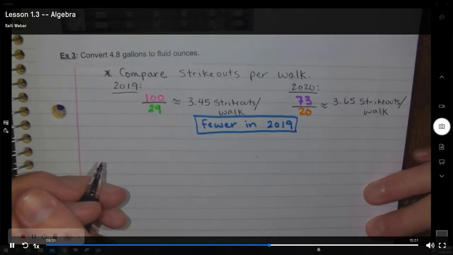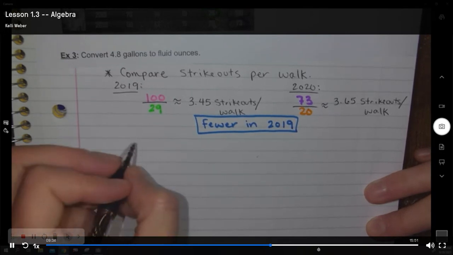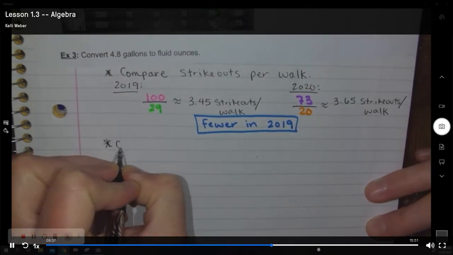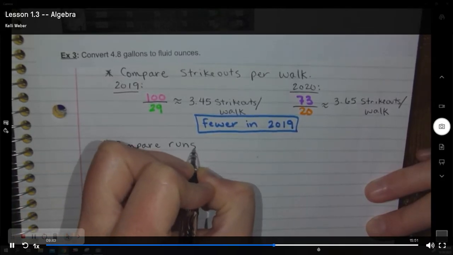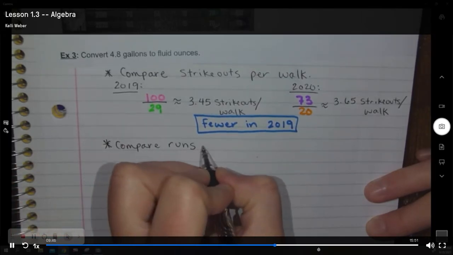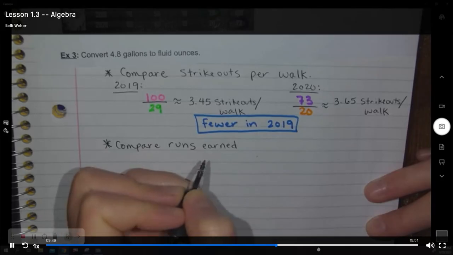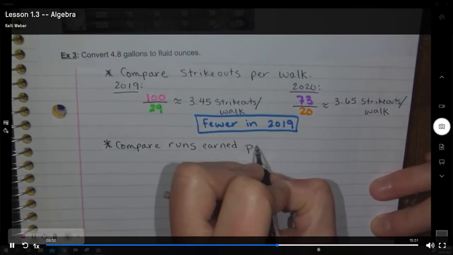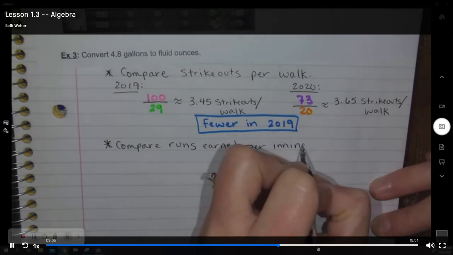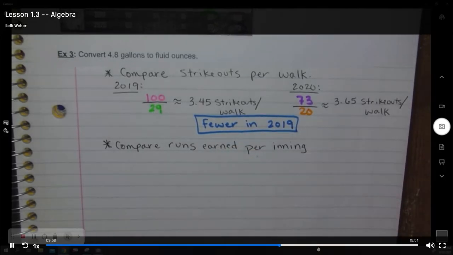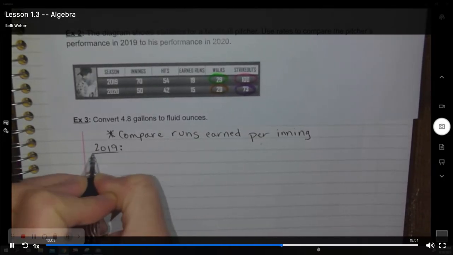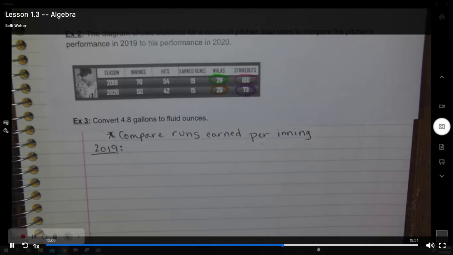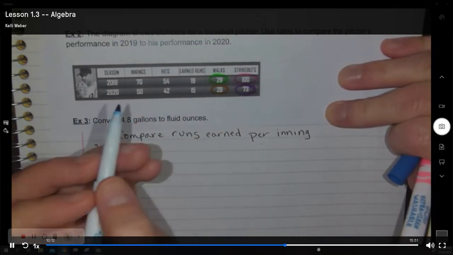We also could make a comparison with runs per inning. It's the earned runs, by the way, per inning. So if we're looking at the earned runs, once again, separate these by 2019. So 2019, we have earned runs for 19.